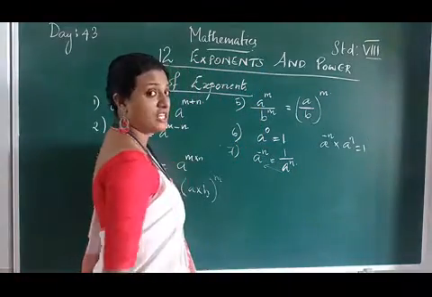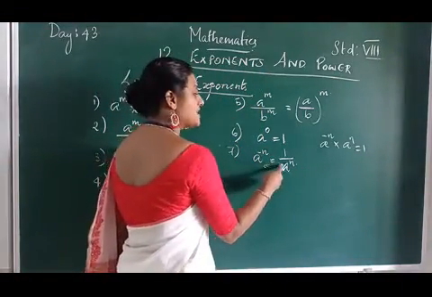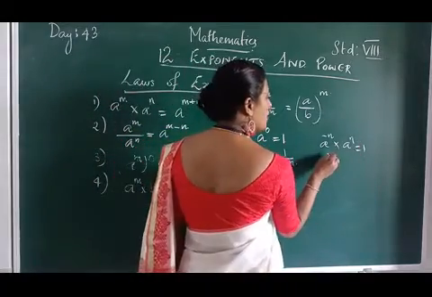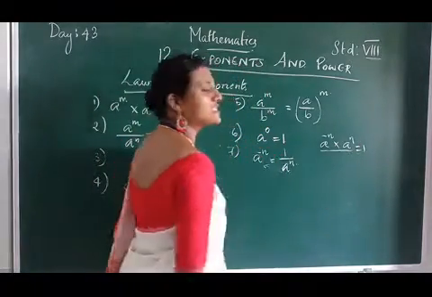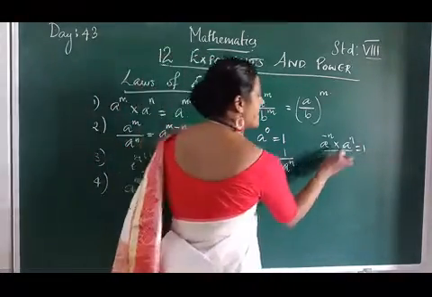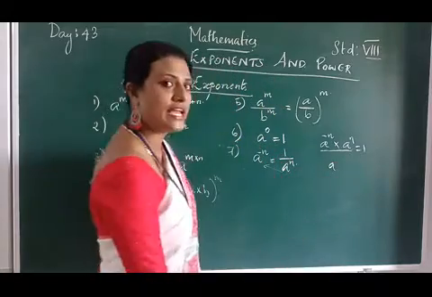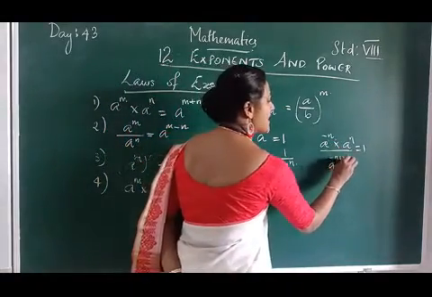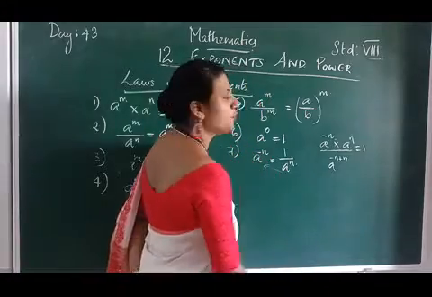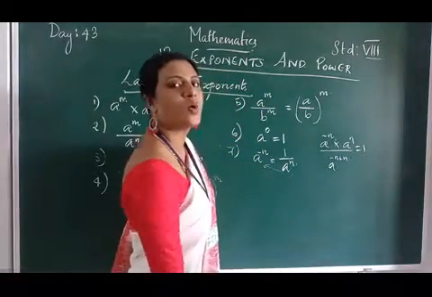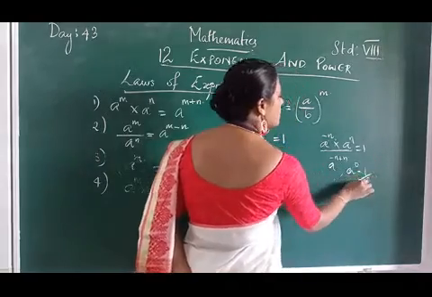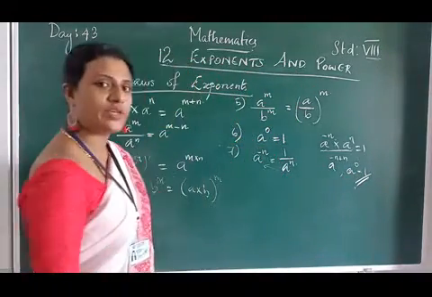Now, what is A raised to minus n times A raised to n? The base is the same, so A itself. Then, since this is multiplication, you have to add the powers. Minus n plus n, n minus n is what? 0. That is A raised to 0, which is equal to 1. Any number raised to 0 is 1.